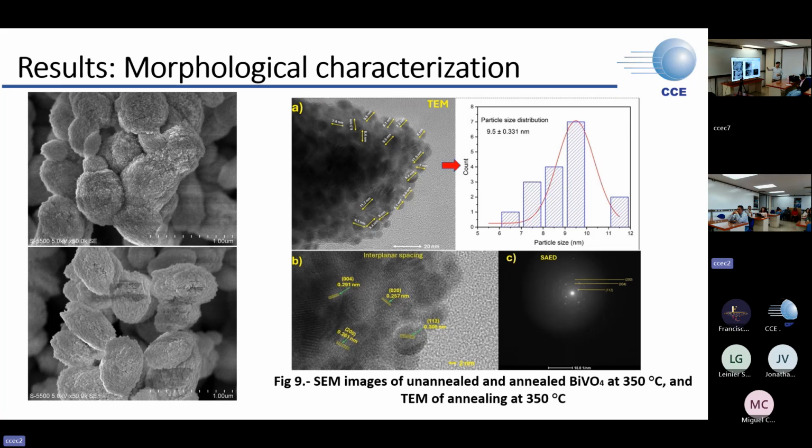If we increase the temperature, we observe an increase in the porosity on the surface, but actually in the bulk, we observe a decrease in the surface area. These compounds are formed by different nanoparticles around 10 nanometers in size.